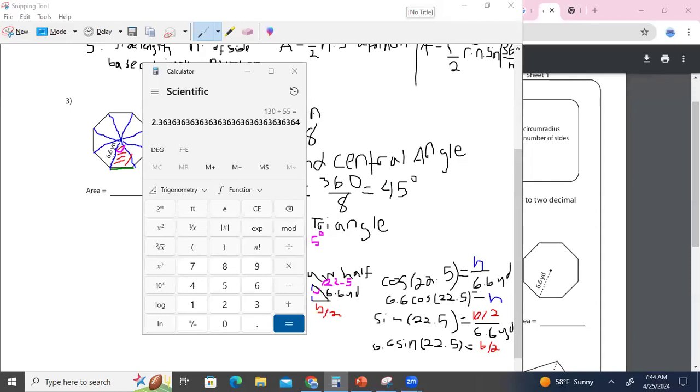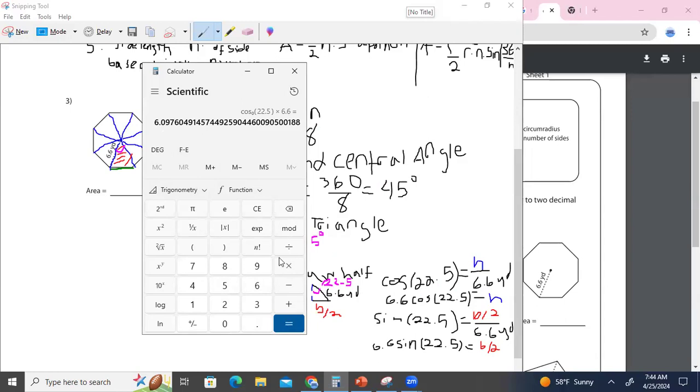All right, so I'm going to find out what cosine of 22.5 is, which is 0.9238, and then I have to multiply that by 6.6. So that's about 6.10.